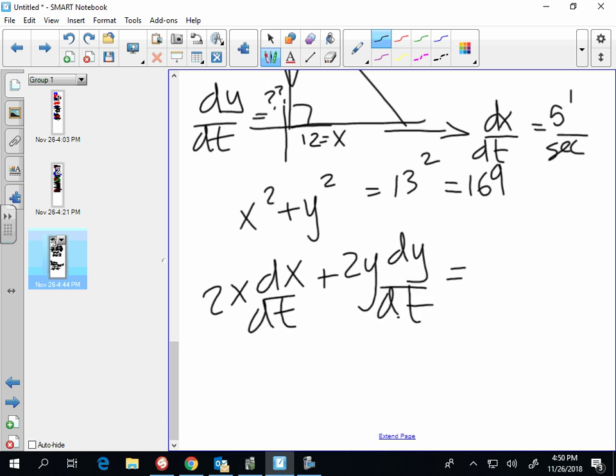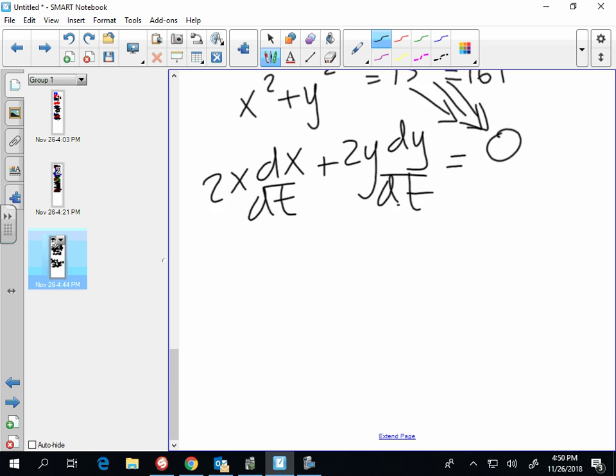And I can't tell you how many people want to do 2 times 13 times 13. No, this is a number. 169 is a number. The derivative of a number is 0. This is why it's terribly important to plug the constant in at the beginning, because when I take the derivative of that constant, I need that 0 to show up.